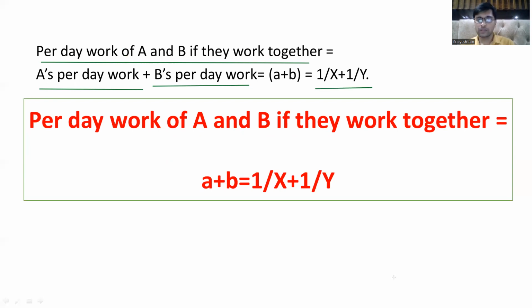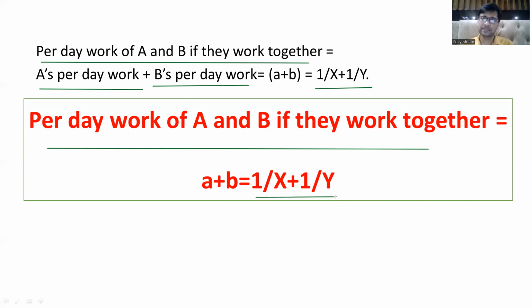So we get to the first formula in our topic: the per day work of A and B, if they work together, is the sum of their individual per day works, in this case 1 by X plus 1 by Y.